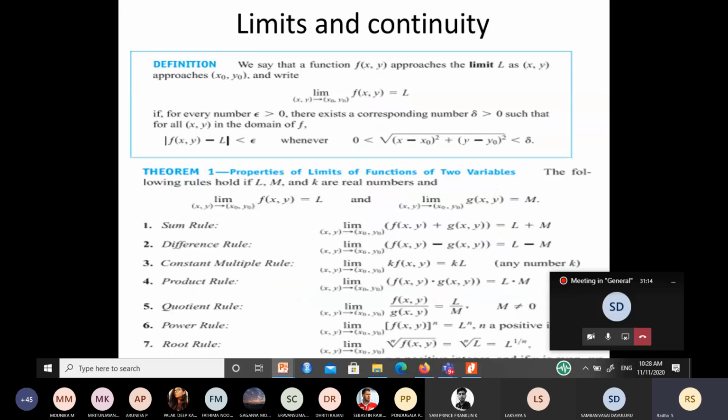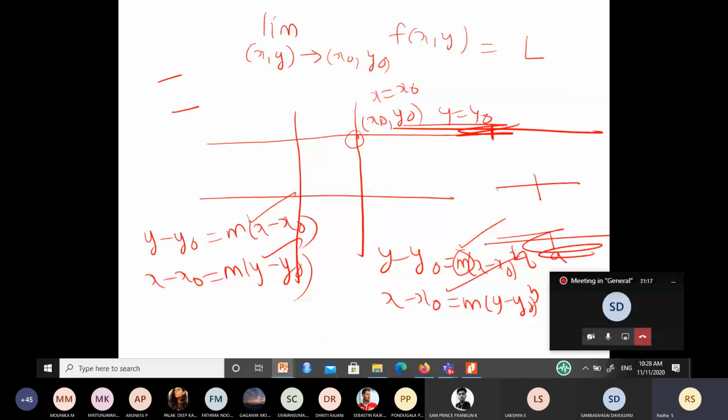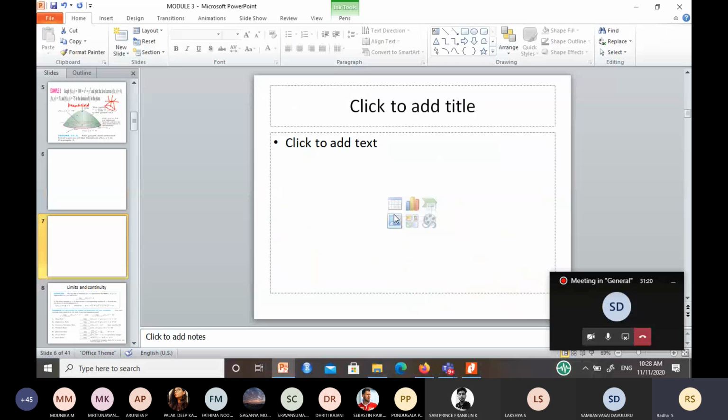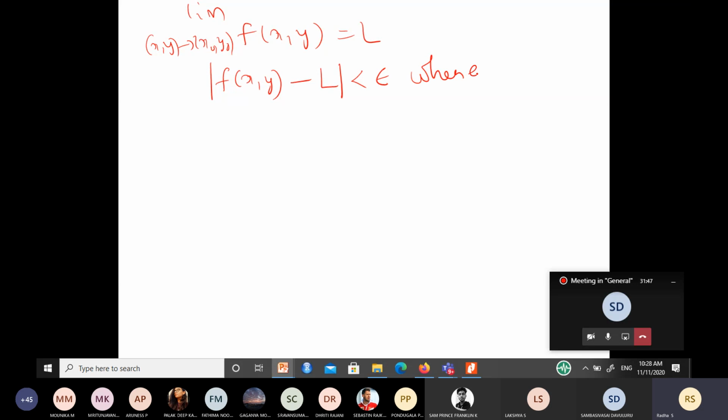So the same way, if you convert this to 2 dimension: the limit of f of x comma y as x comma y tends to x naught comma y naught is L. So now I need to prove the distance between f of x comma y and L is less than epsilon whenever the distance between x comma y and x naught comma y naught is less than delta.